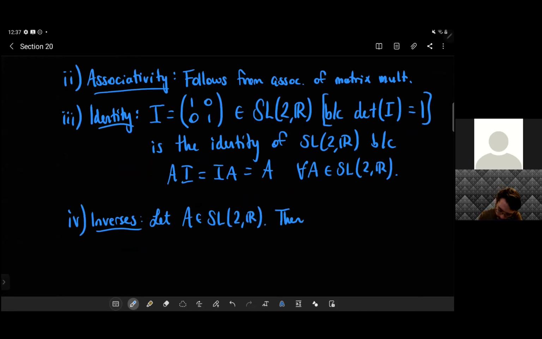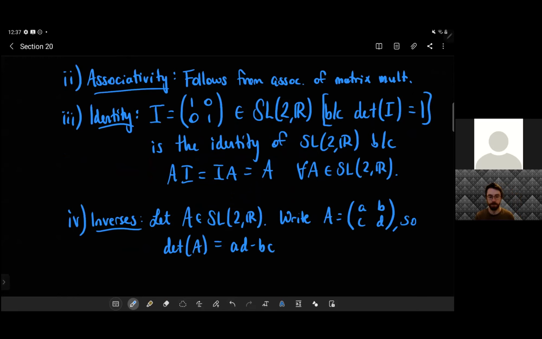Then the determinant of A, actually, let's write it out. It's a 2x2 matrix, so let's call it A, B, C, D, where those are real numbers. So then the determinant we know is AD minus BC equals 1.